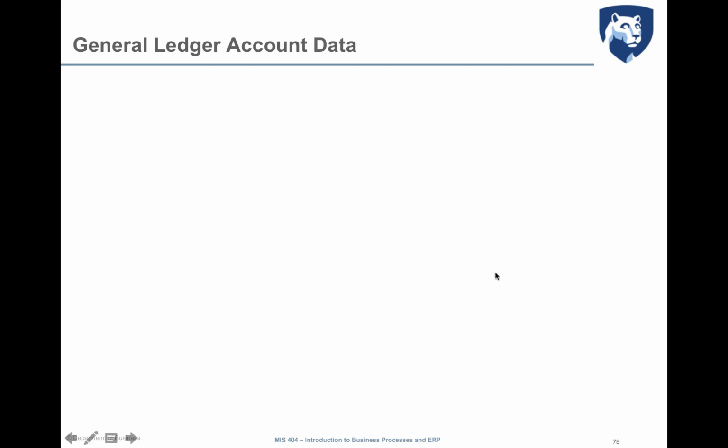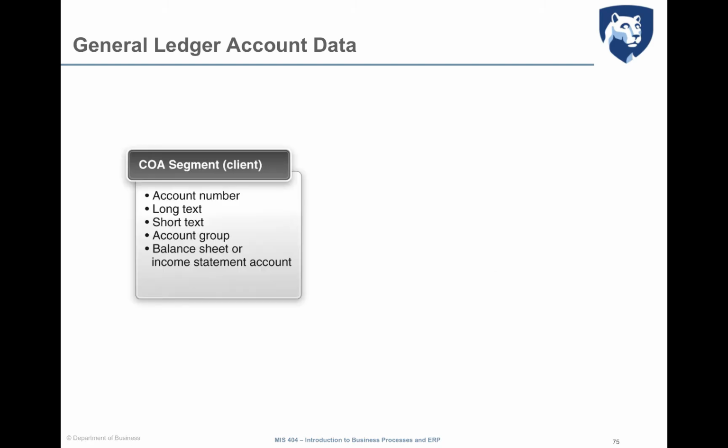So general ledger account data first of all include data about the client, what we call the chart of account segment. The chart of account segment typically includes an account number, a short and long description of this account number, and an indication as to whether the account is a balance sheet or a profit and loss account.